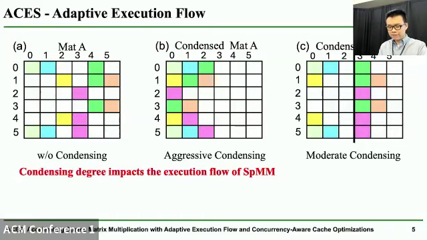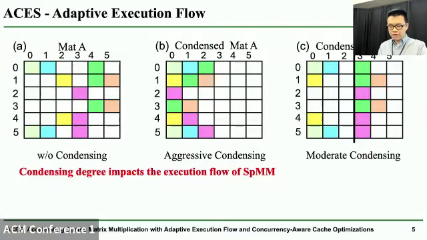And figure C shows a moderate condensing. The columns of matrix A are divided into 2 groups, the first half in one group and the second half in another. Within each group, the non-zero elements of matrix A are shifted to the leftmost columns.